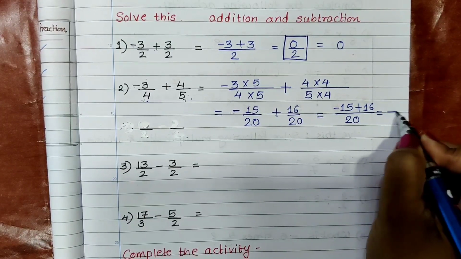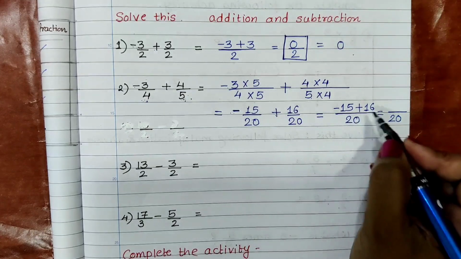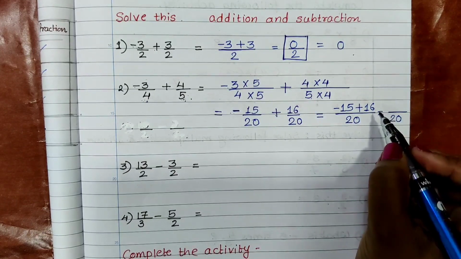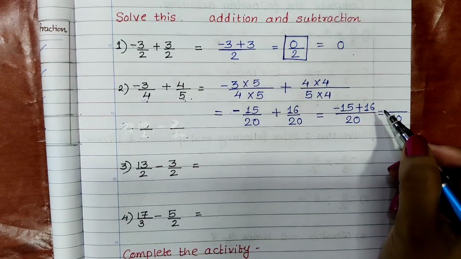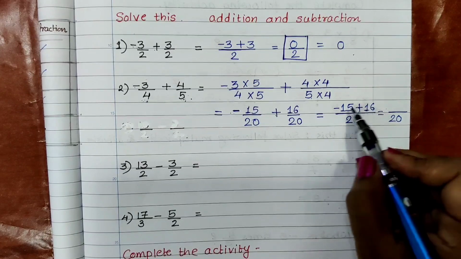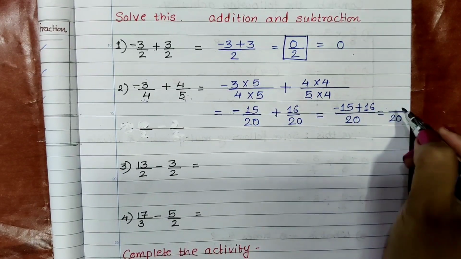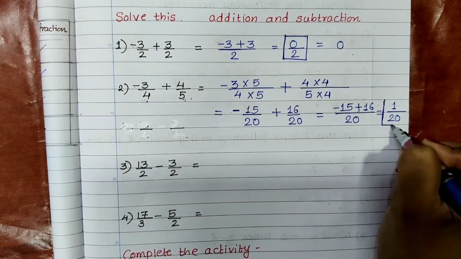In the denominator, write 20 as it is, and what is the answer? Minus 15 plus 16. Minus plus will take the sign of the bigger number. The bigger number's sign is plus, so we don't put a plus sign on the answer. When the answer has a plus sign, we don't put it. So 16 minus 15, answer is 1. 1 upon 20 is the answer of this sum.